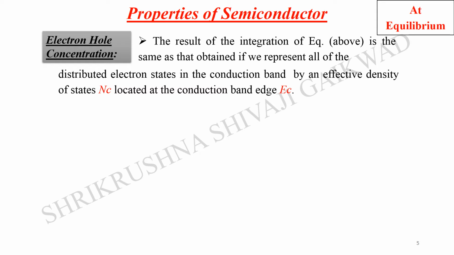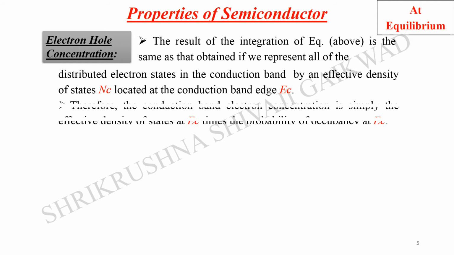The result of this integration of the equation we have already seen is the same as that obtained if we represent all of the distributed electron states in the conduction band by the effective density of states Nc located at the conduction band edge, that is Ec.